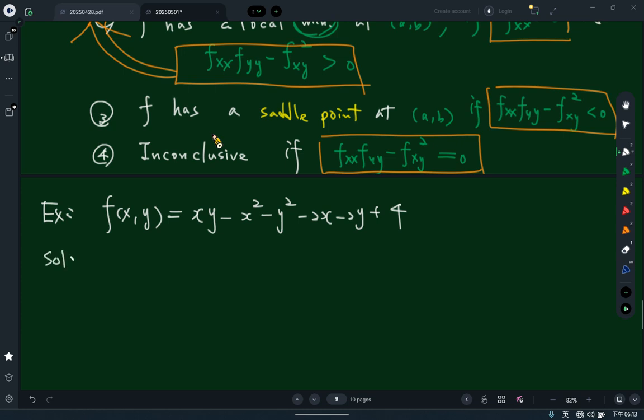So in this case, f is defined as xy minus x squared minus y squared minus 2x minus 2y plus 4. We can check f(x,y) is defined at all x and y. So that means there is no boundary.